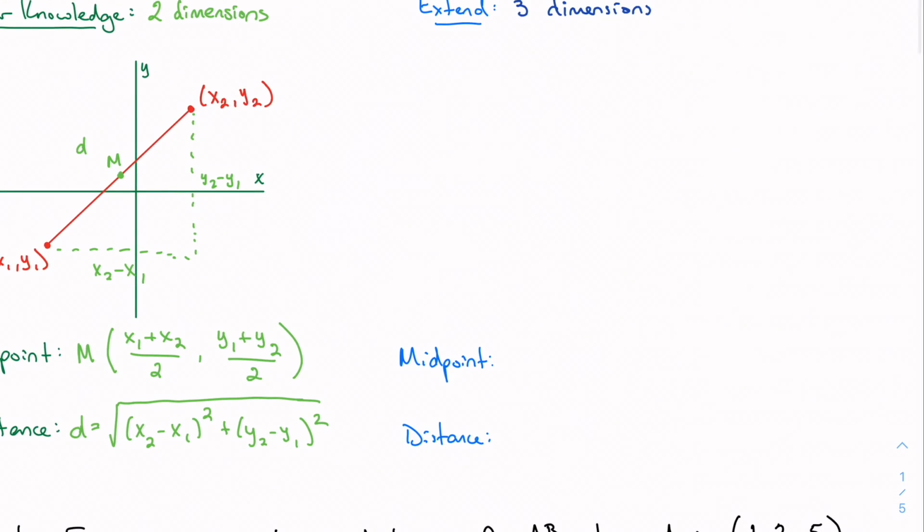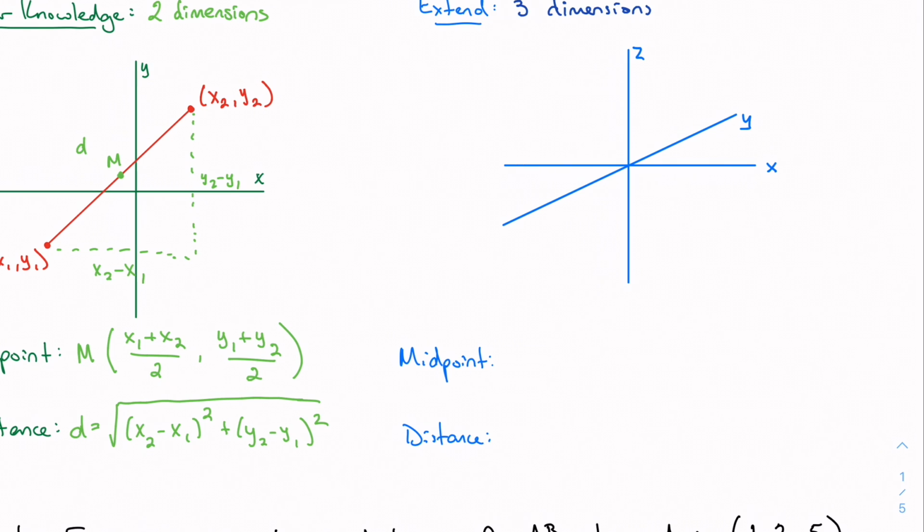A lot of this extension works very much the same as in 2 dimensions, just with one extra piece. You're used to having an x and y axis, but now in 3 dimensions we have an x, y, and z axis. Here are my 3 axes, and we want to really think about up and down as being physically 3 dimensions, so x is still where it's normally located, then y, and then z.